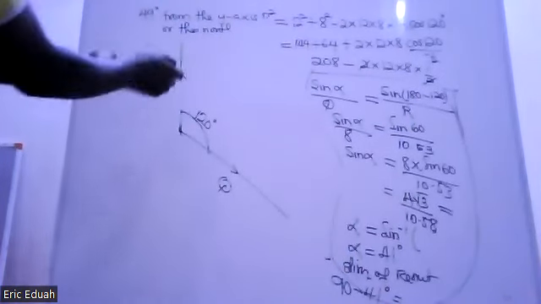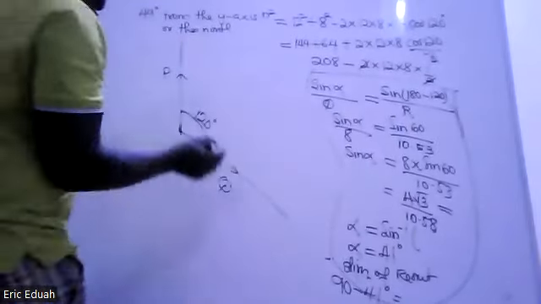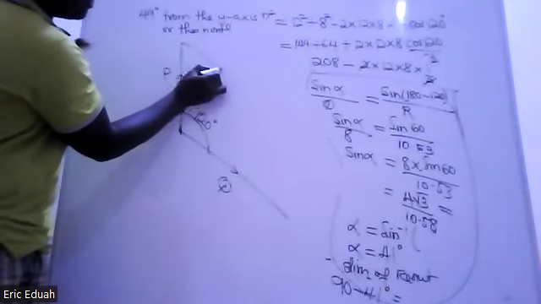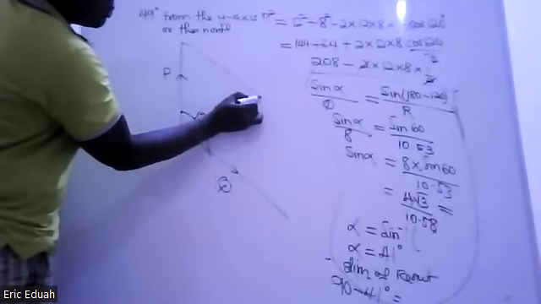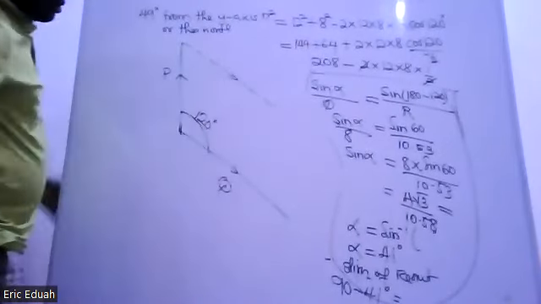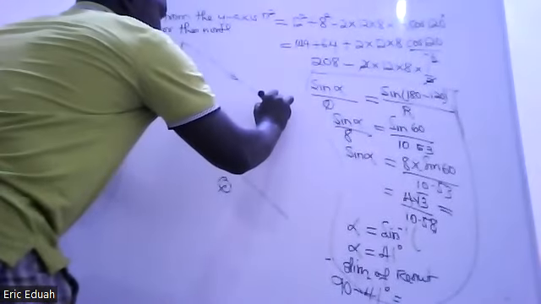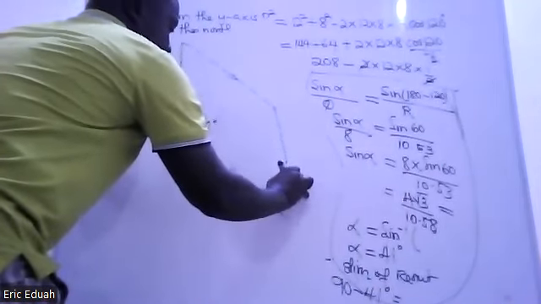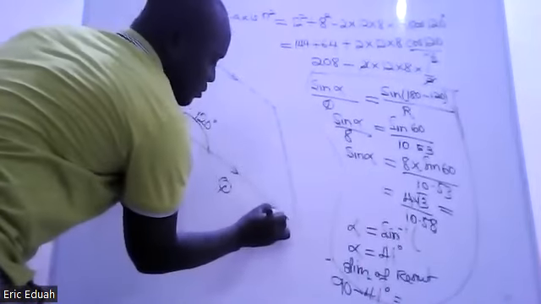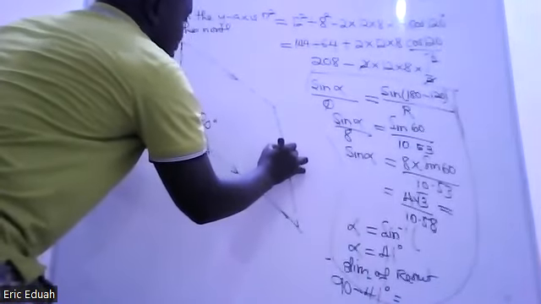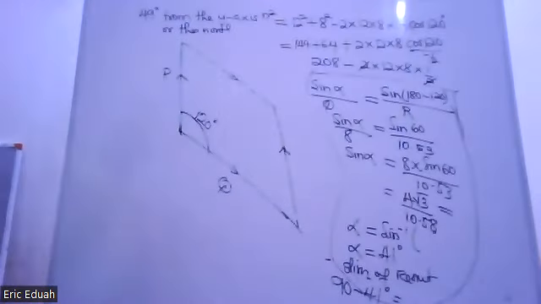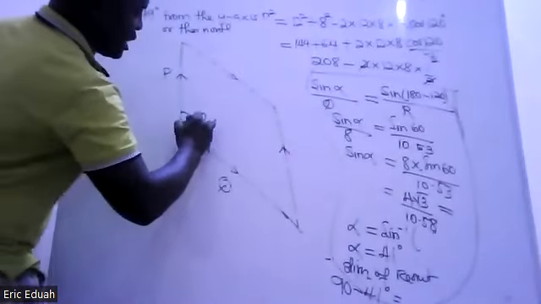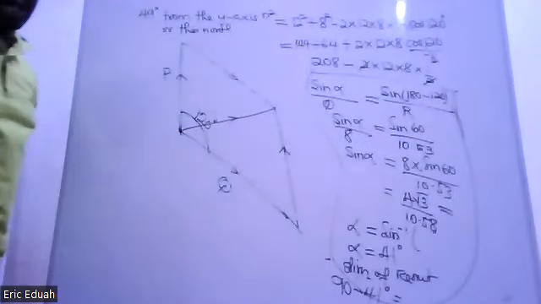All right, so if it is this, the same thing, we resolve this into a parallelogram. So whichever way we look at it, the resultant will be here.